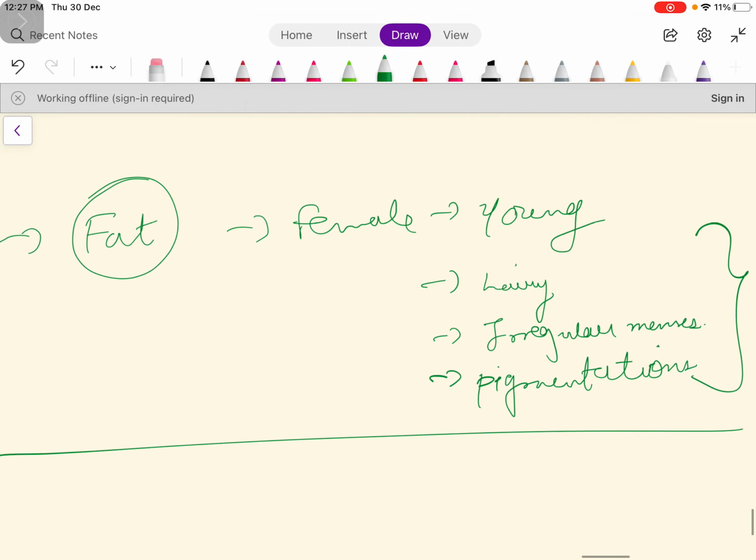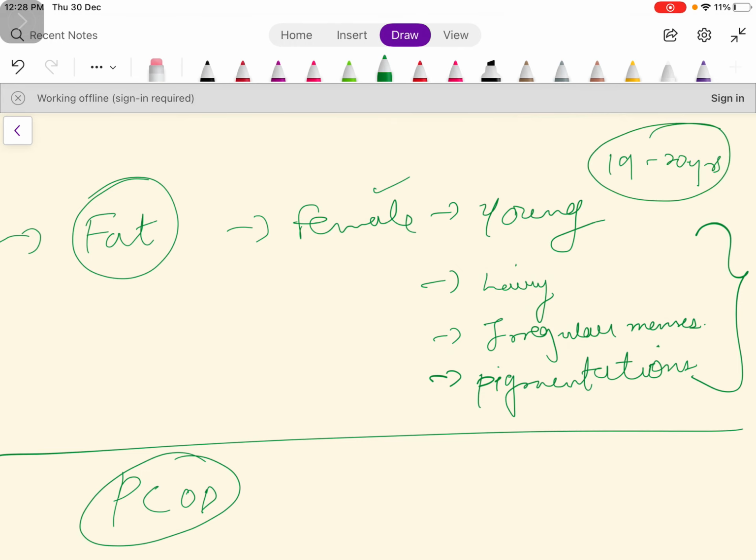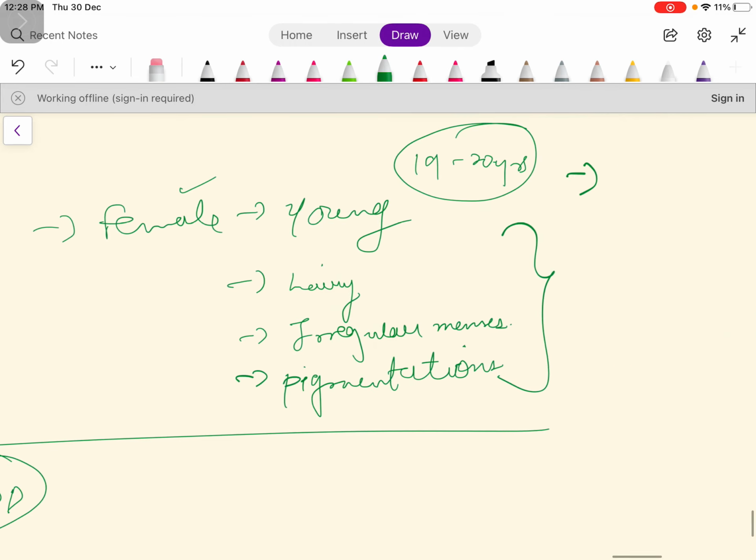And as doctors, we know that this is because of PCOD, but these young females, who are around 19 or 20 years old, won't be able to know that they are suffering from this disease, and many times they just keep on suffering and don't go to any doctor.